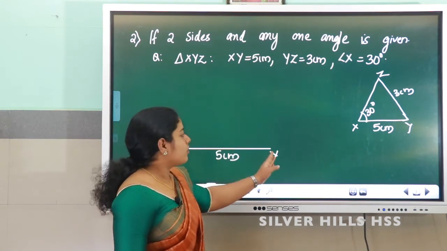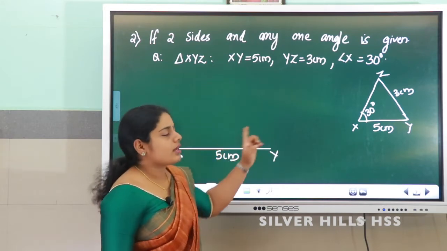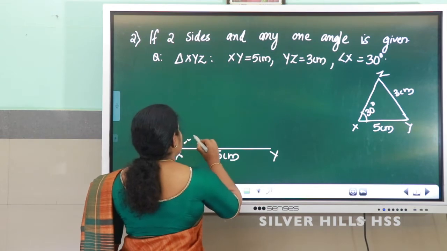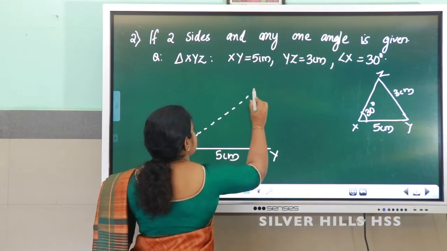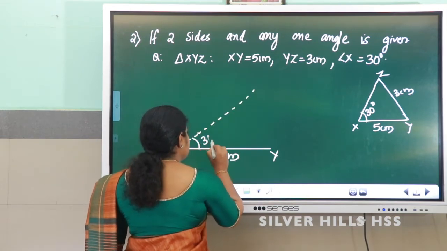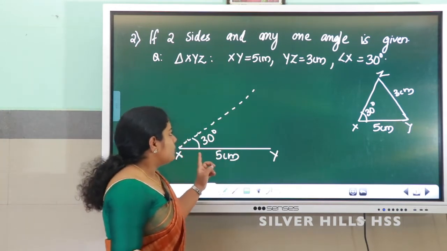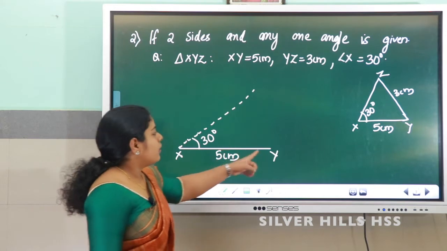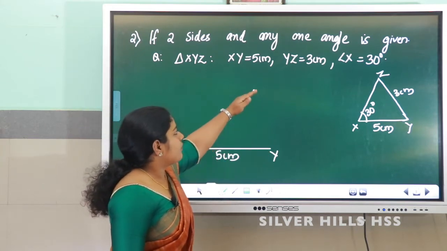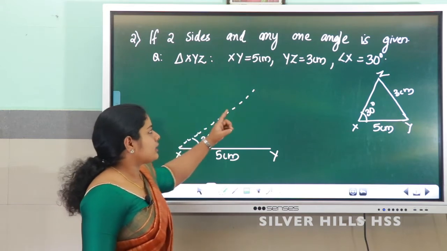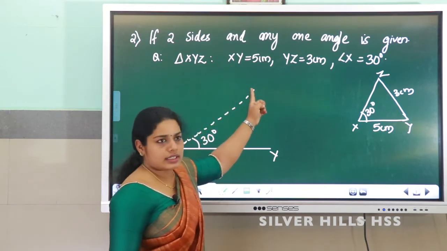So we cannot mark YZ now. Before that we will mark angle X 30. Using a protractor from X, just mark the angle 30. So this is 30 degree. Now Z lies somewhere on this line.